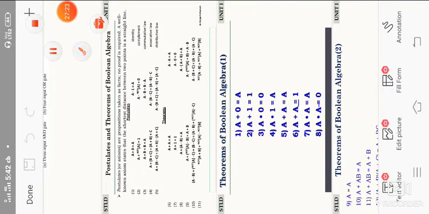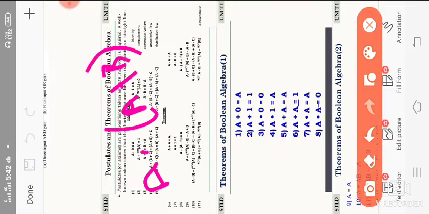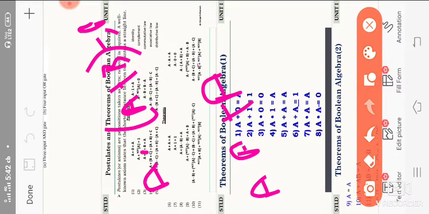We have to observe this law also: A into A plus B equal to A. So that means we are multiplying A into A plus A into B. From the STLD point of view we are only multiplying. Some students write A into A equal to A square. That is invalid.